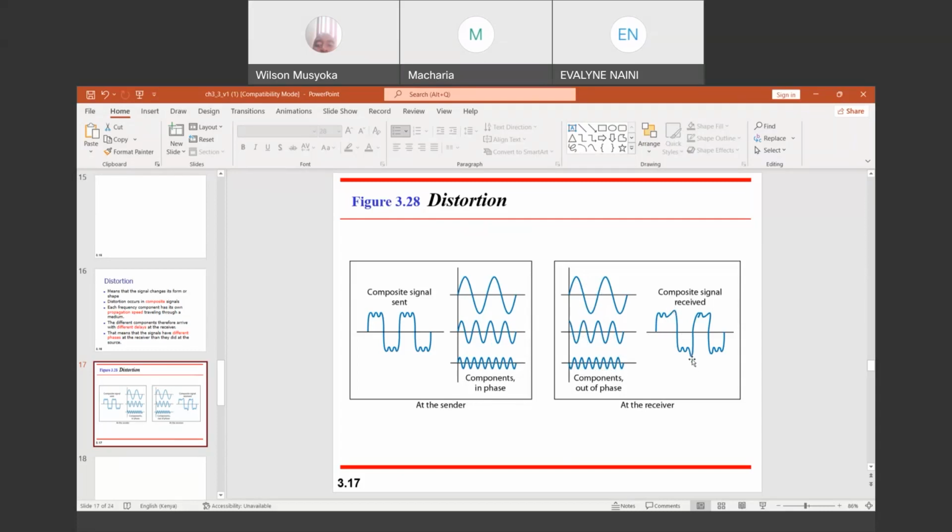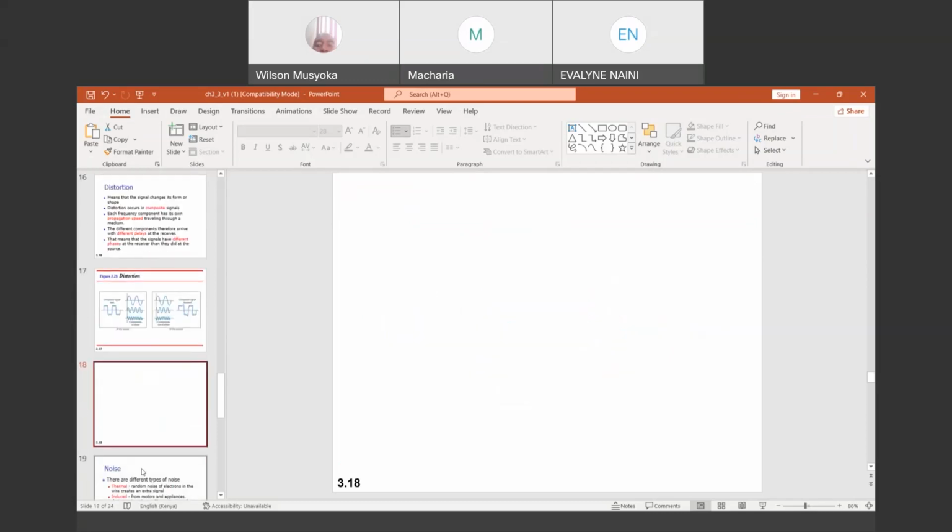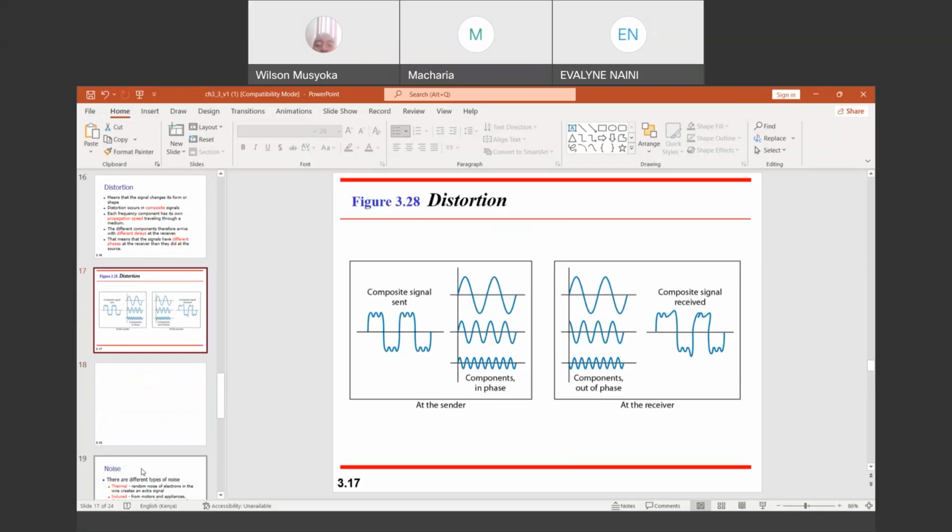Also here it has gone down a little bit. And here the frequency has changed a little bit, not like it was in the beginning. So it means that the original signal has been distorted. And once it has been distorted, this is the resulting signal that you get at the end. And that is where the big problem comes in with distortion.